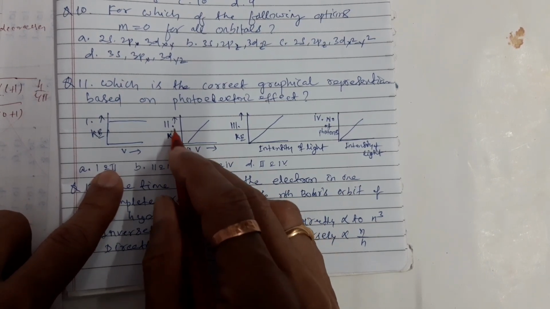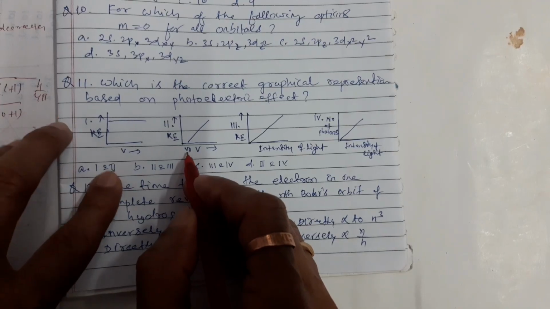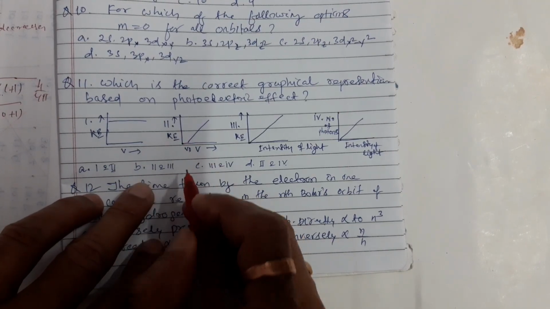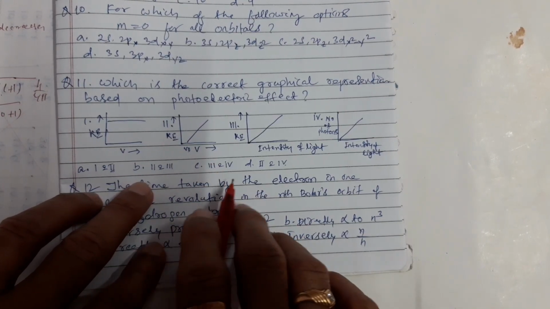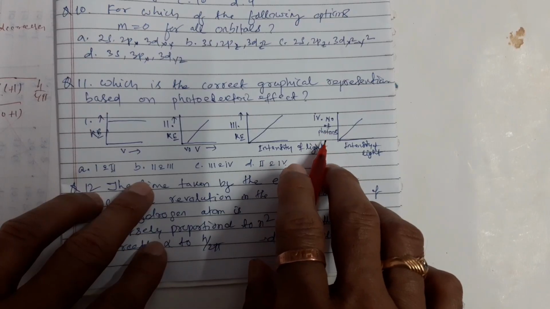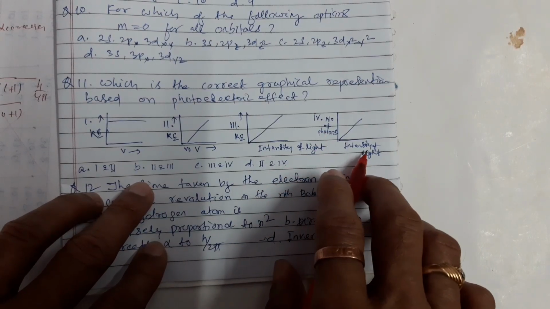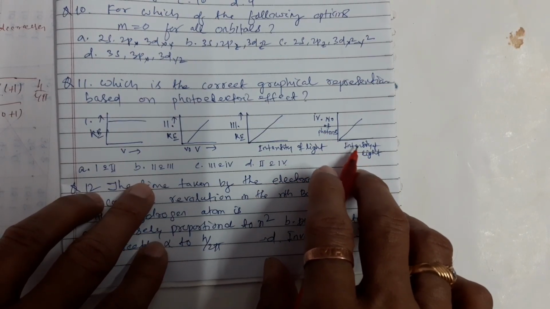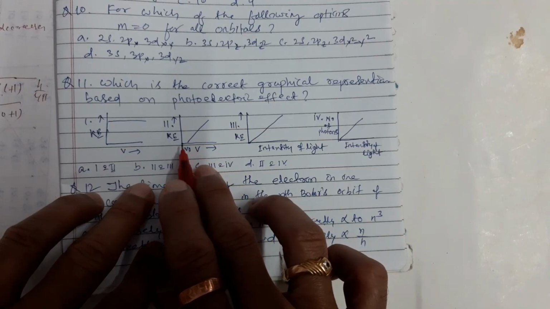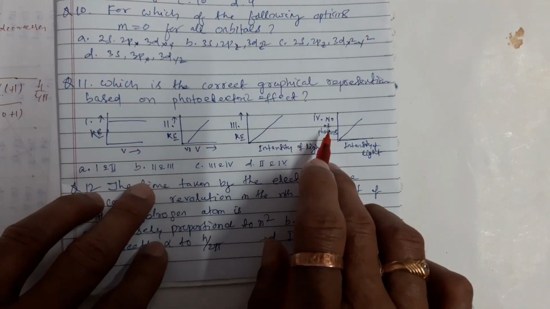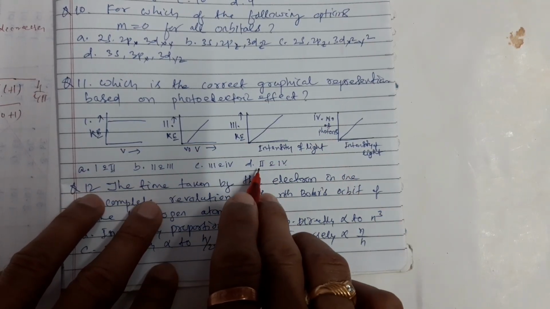So for threshold frequency, figure 2 is correct. Then the number of photons is directly proportional to the intensity of light, which is also correct. So 2 and 4 are correct, which is choice D.